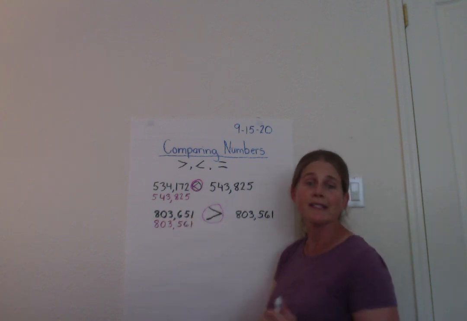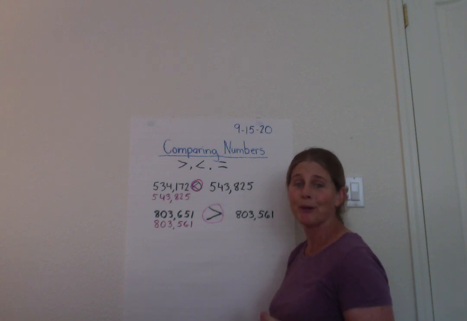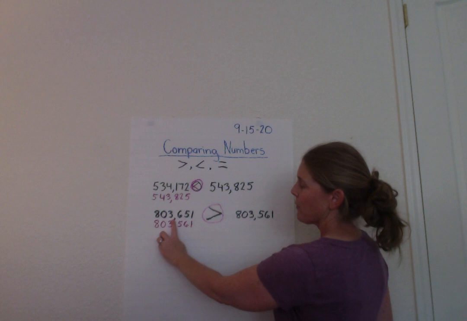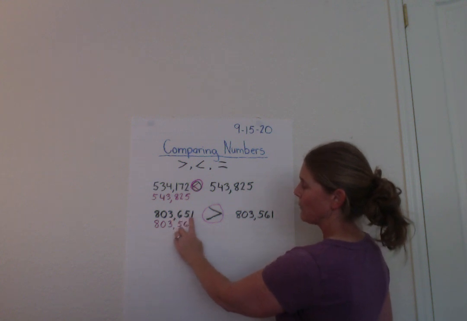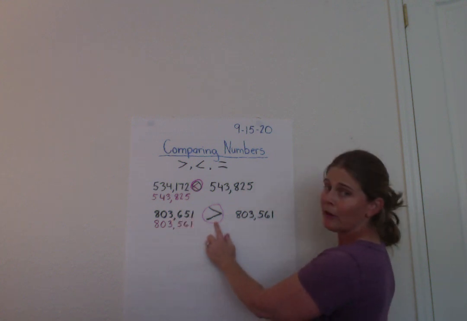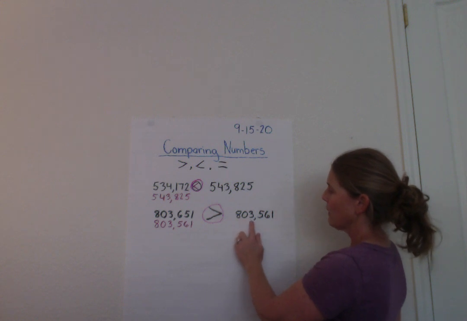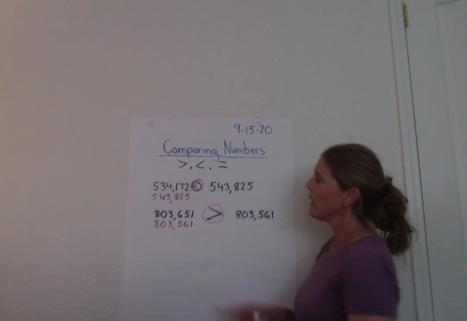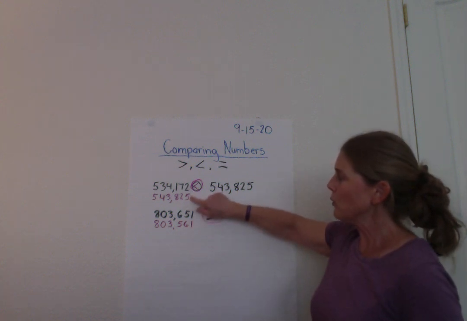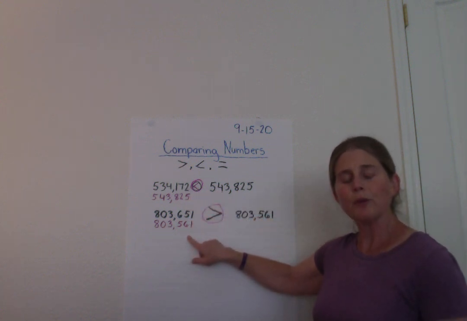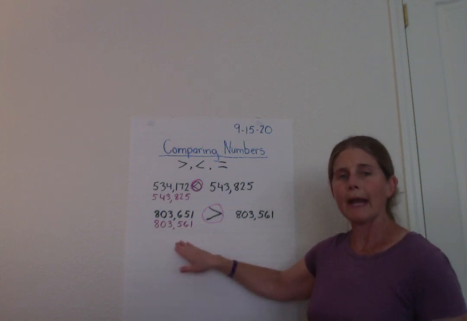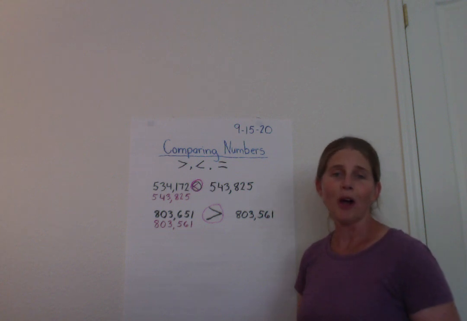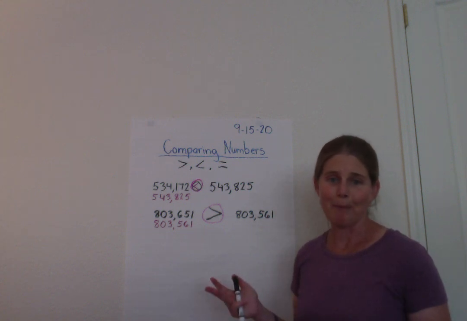I hope that you can say it aloud with me, or you can whisper it, or you're following along. 803,651 is greater than 803,561. Okay? So I want you to get ready to use this technique if you need it to help you compare and know which number is bigger, which number is smaller when we're doing such big numbers.